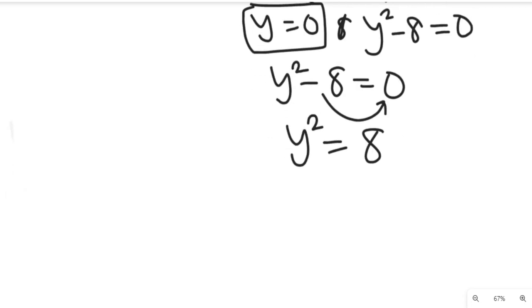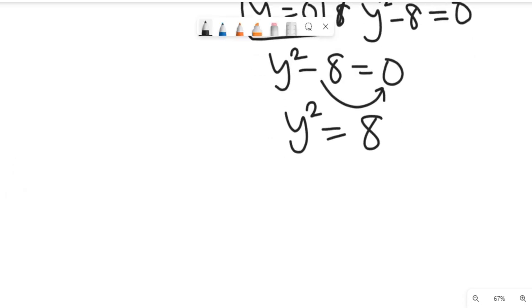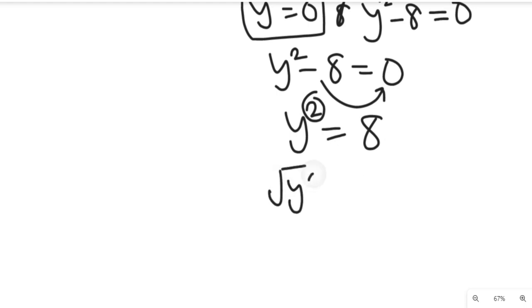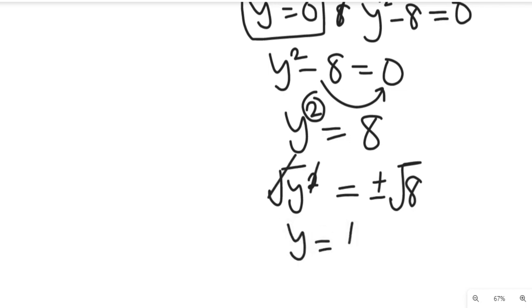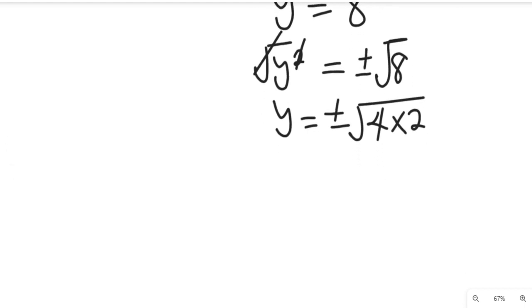So what do we do from here? We can simply square root both sides to clear the square. So taking the square root of both sides, we are going to have y equal to plus or minus the square root of 8. Then we'll have our y equal to plus or minus the square root of 4 times 2, because 4 times 2 will become 8.